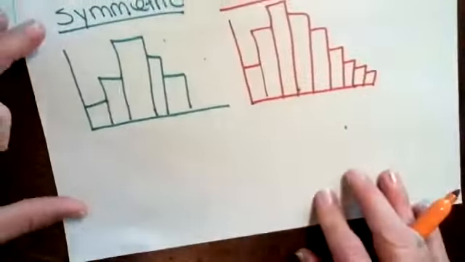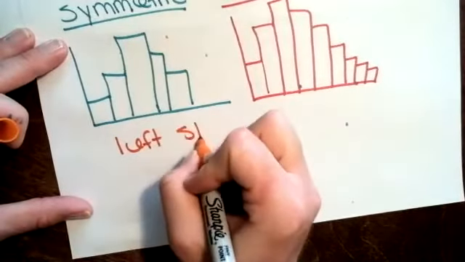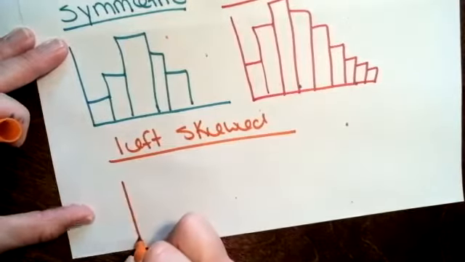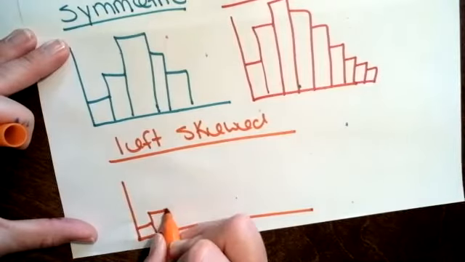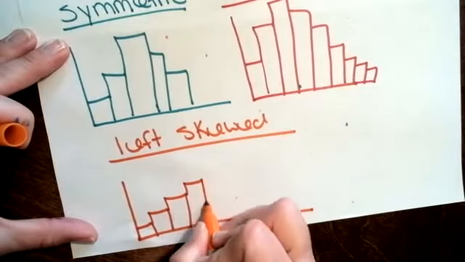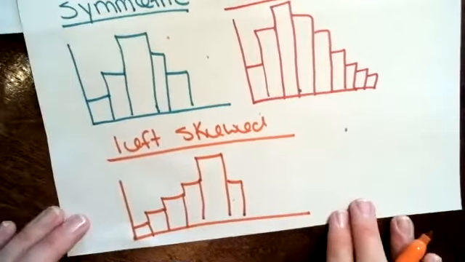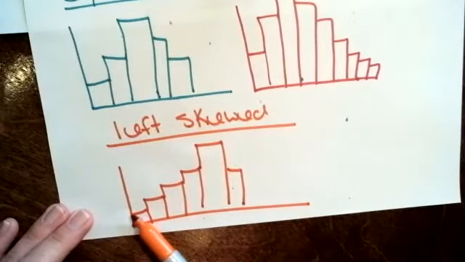And then I have left skewed. Left skewed is just the opposite of right skewed. I have all these trailing smaller bars, and then I have my mode to the right. So you can see this trail to the left.